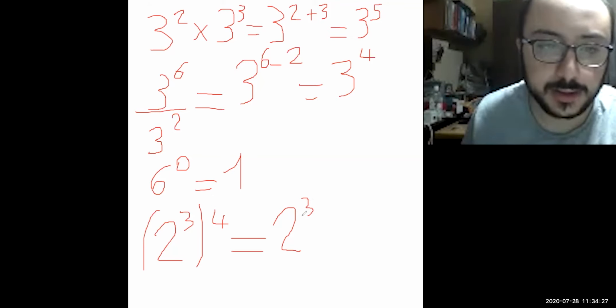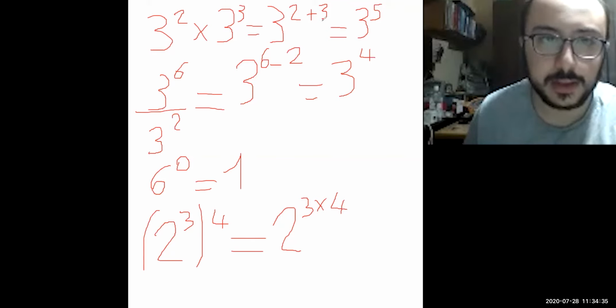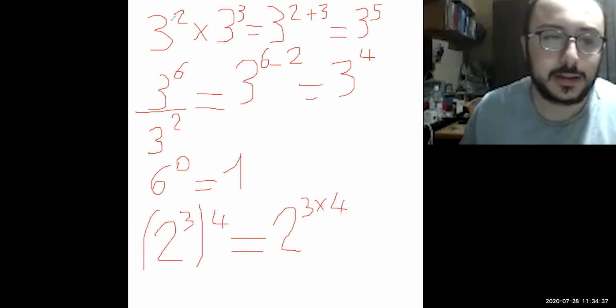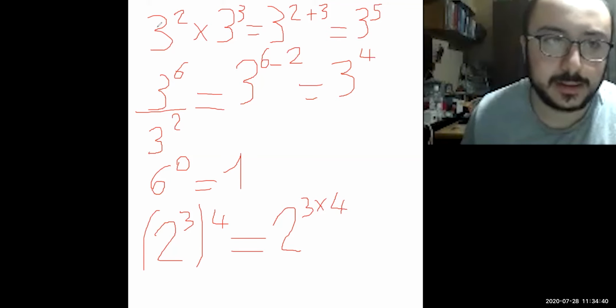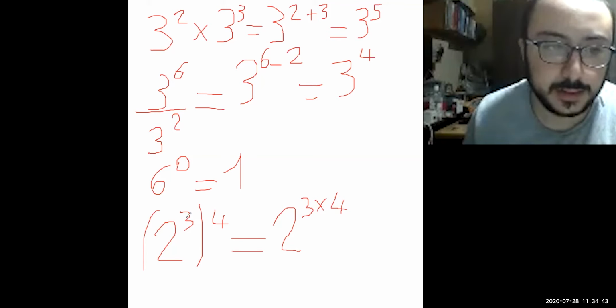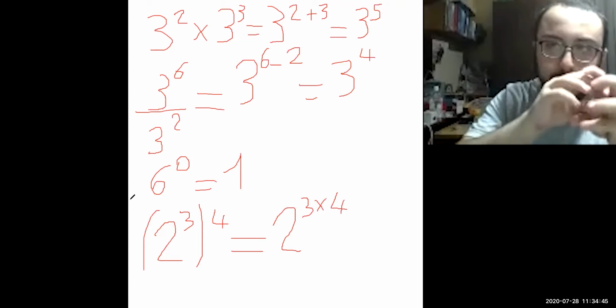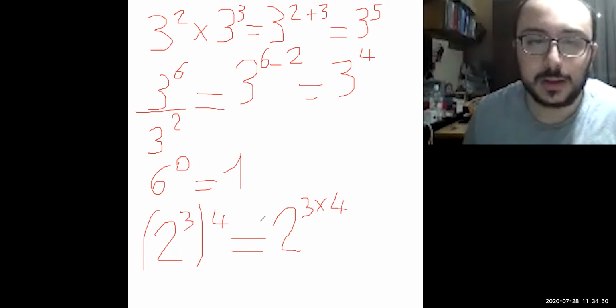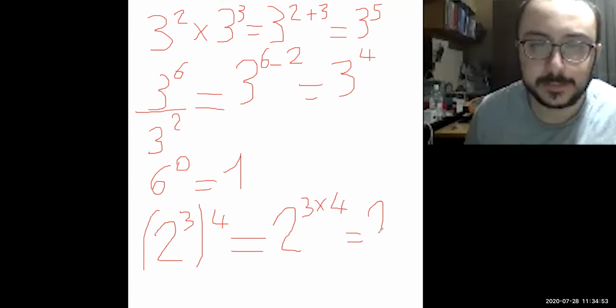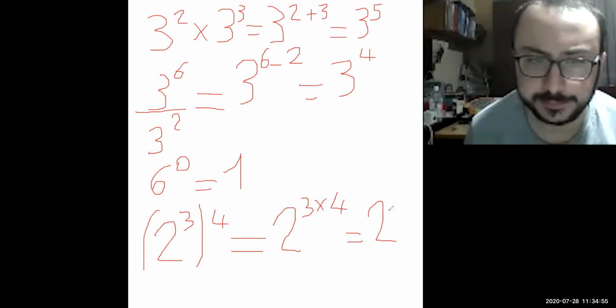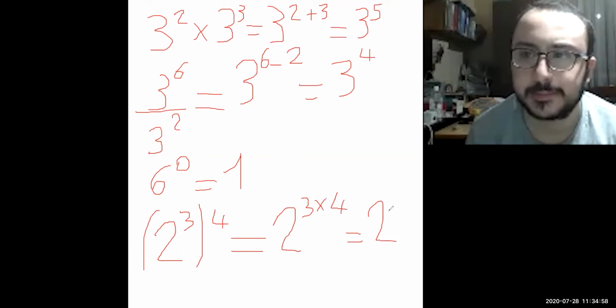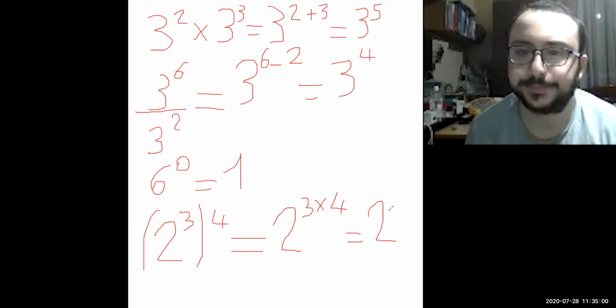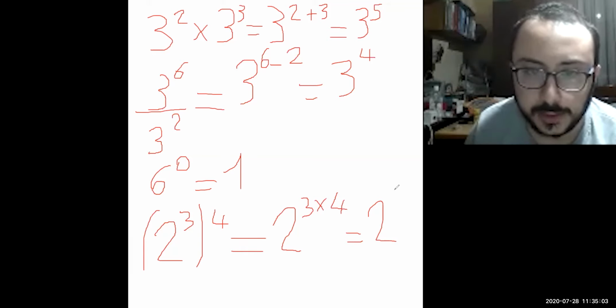So it's 2 power 3 times 4. It's not like the first one, where we add, because those were separate numbers. Here it's the same number. We're putting a number to the power 4, so it's like we're multiplying the power of the number by 4. And what's the answer? It's 2 power 12.